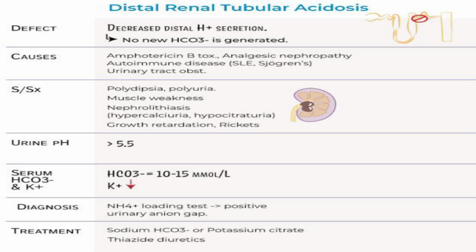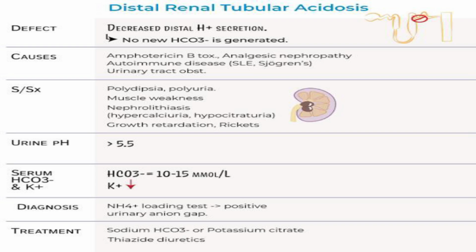So here you can see a demonstration of distal renal tubular acidosis, which shows it is a defect in decreased distal hydrogen secretion. No new bicarbonate is generated, and there are various causes listed for type 1 distal renal tubular acidosis, like amphotericin B toxicity, analgesic nephropathy, autoimmune disorders, and urinary tract obstruction, and various signs and symptoms of these causes are also listed there.